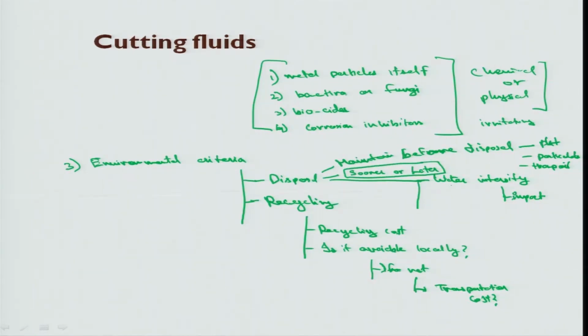Now then comes this water intensity, the water impact. When it is disposed, what is the impact on our environment? So with time, the bacterial growth and contamination with tramp oil and fine metal swarf from machining operation, the fluid becomes very bad and it cannot be used. So then it becomes essential to dispose of this fluid. So this is then dumped.